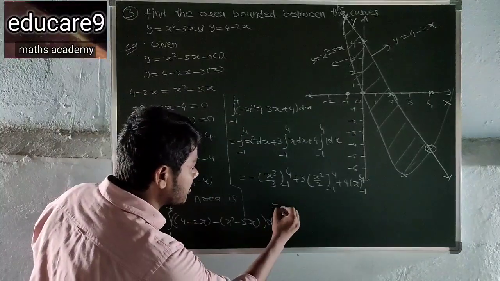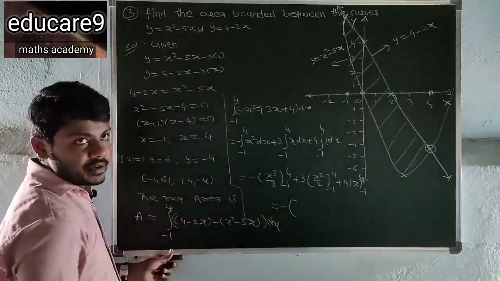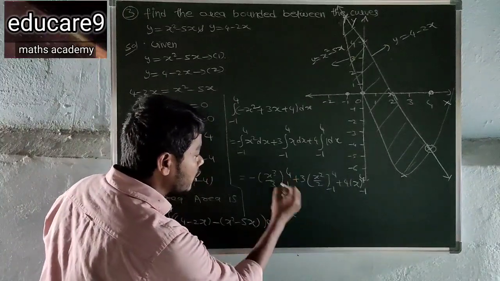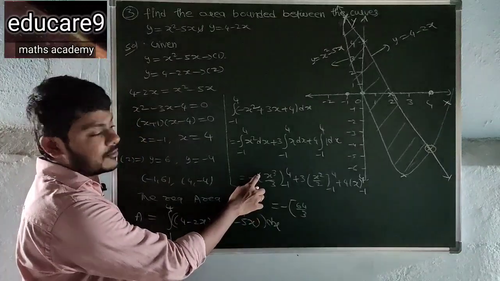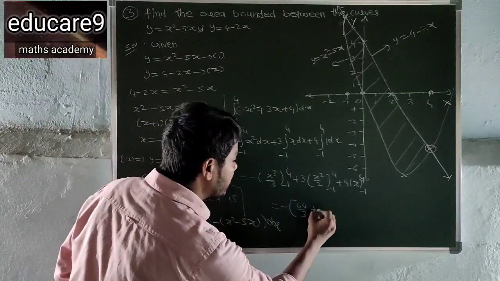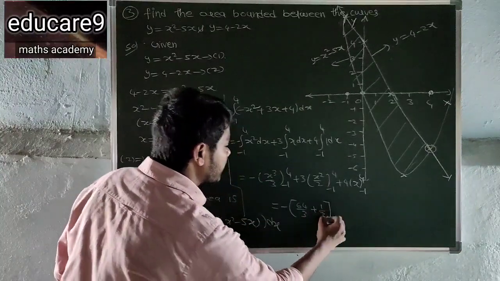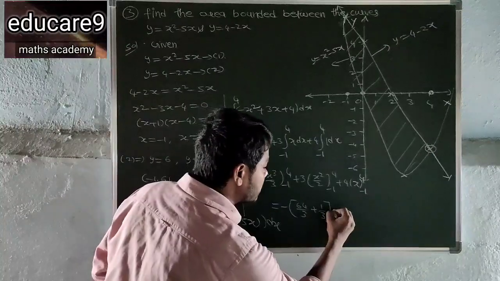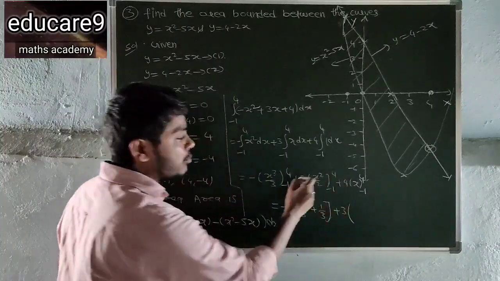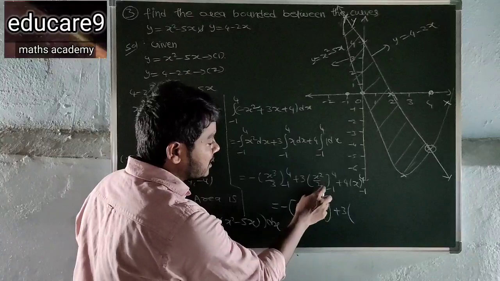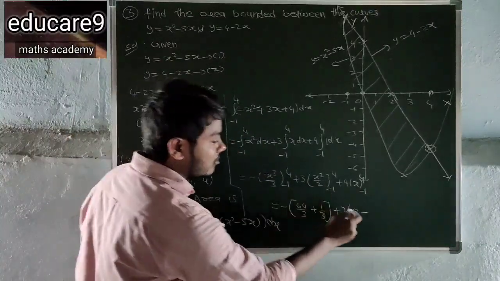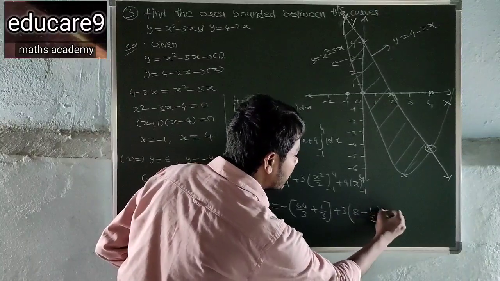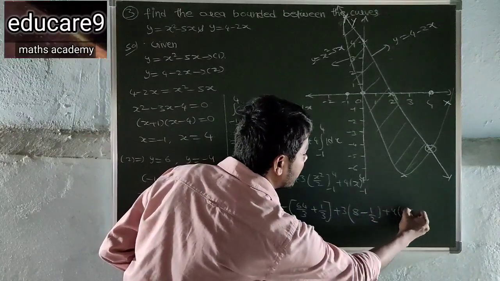Now clearly this is minus, apply the upper limit first. 4 cube, 64 by 3, and minus of minus 1 whole cube, you will get plus 1 by 3. And this is plus 3 into, apply the upper limit, 4 square 16 by 2, that is 8, minus lower limit 1 by 2, and plus 4 into upper limit 4 plus 1.